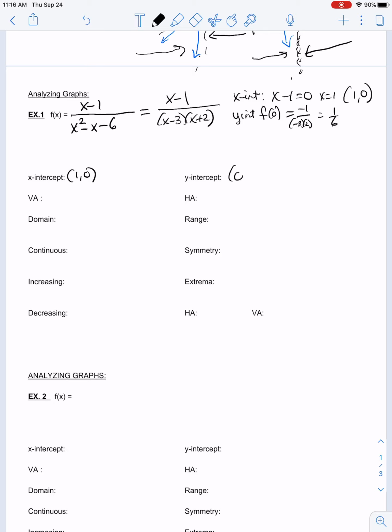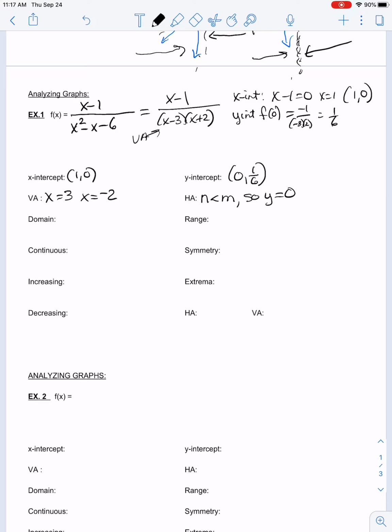So the y-intercept is (0, 1/6). For vertical asymptotes, look at your denominator. I see x equals 3 and x equals -2. For the HA, n is less than m, so that's an automatic y equals 0 for the HA.